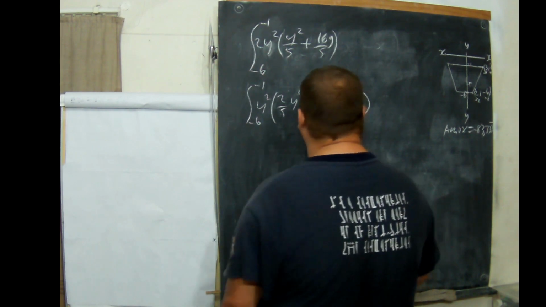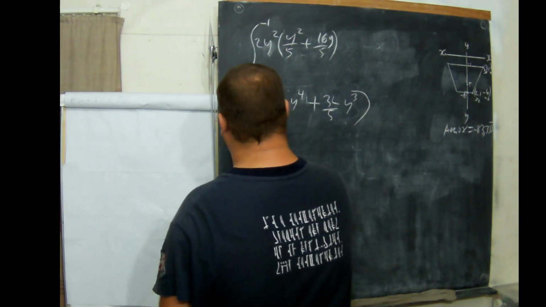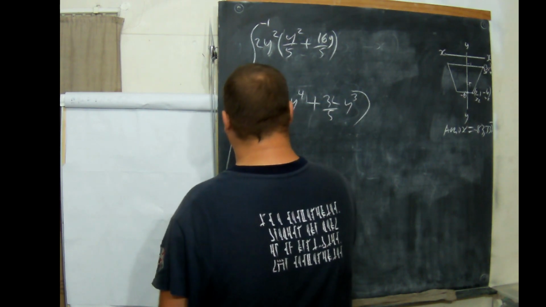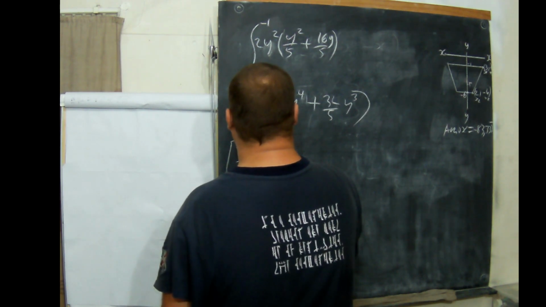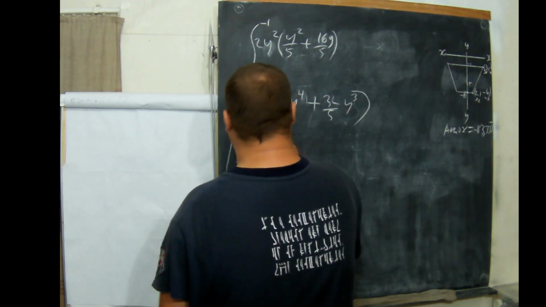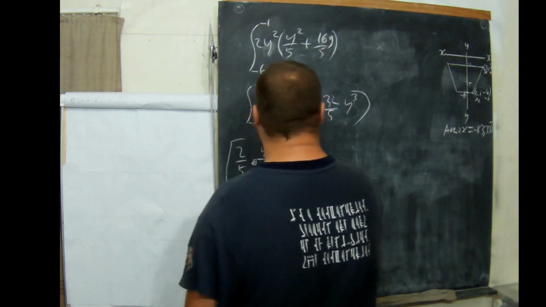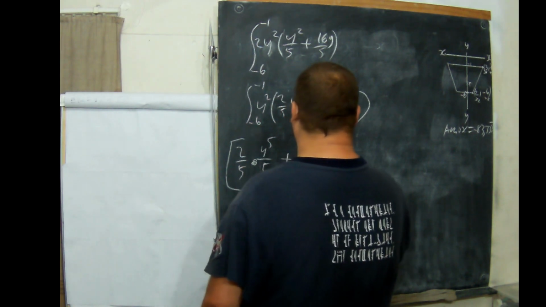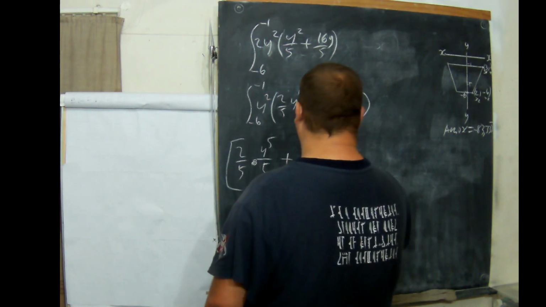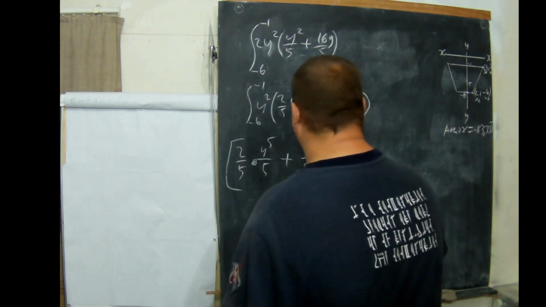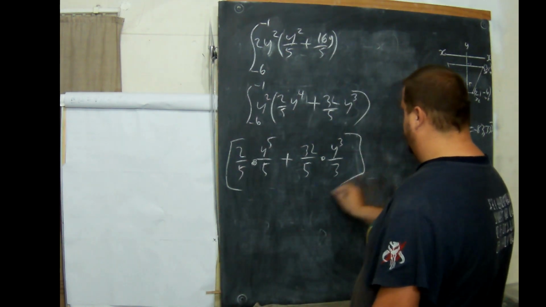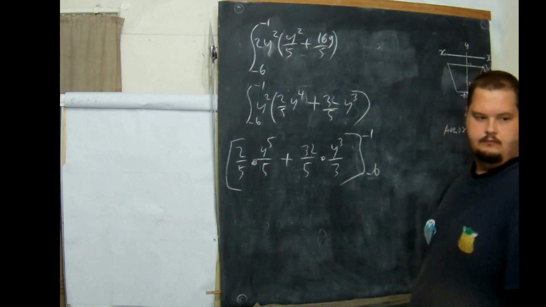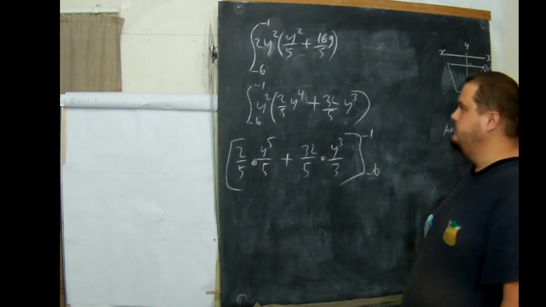Now we just need to integrate. So, 2 over 5 multiplied by y to the 5th over 5 plus 32 over 5 multiplied by y cubed over 3, from minus 1 to minus 6. Okay, this is pretty straightforward.